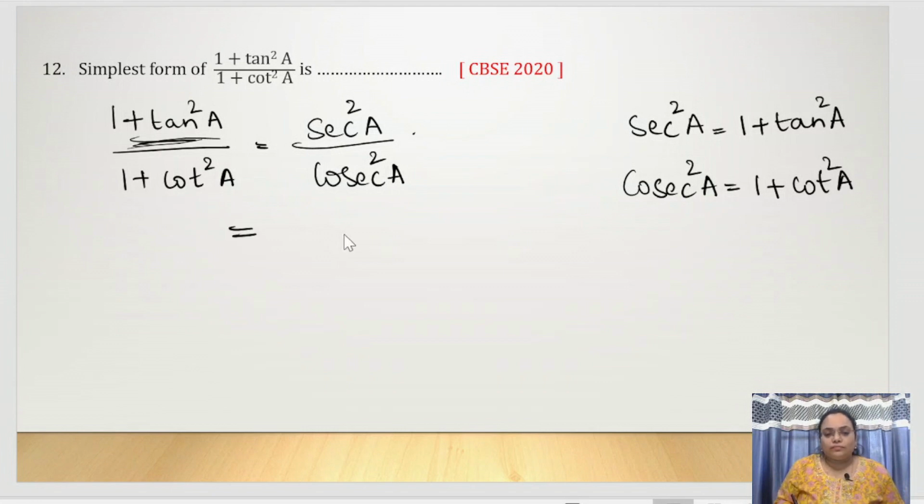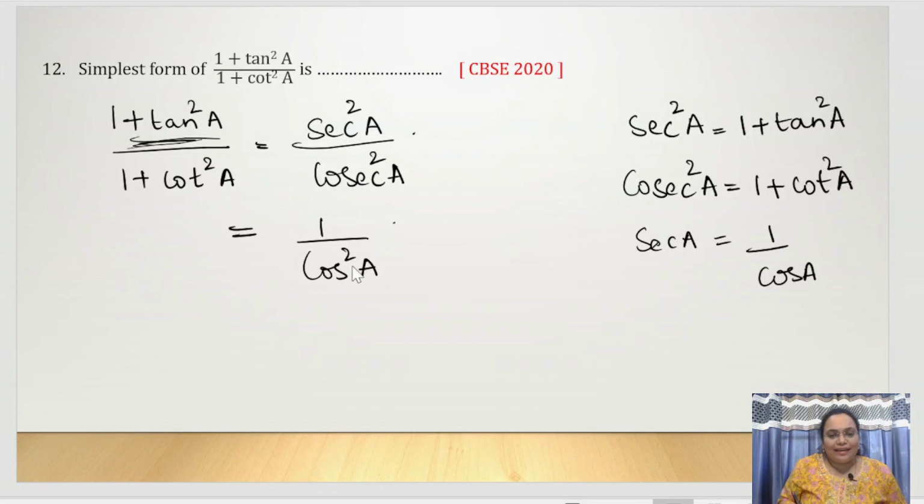See here, secant A can be written as 1 by cos A. So secant square A I am writing as 1 by cos square A. Now cosecant A can be written as 1 by sine A, so this is 1 by sine square A. I'm just sending sine to the numerator.